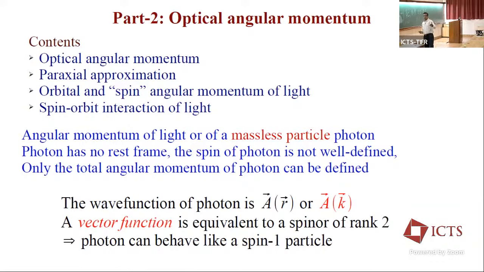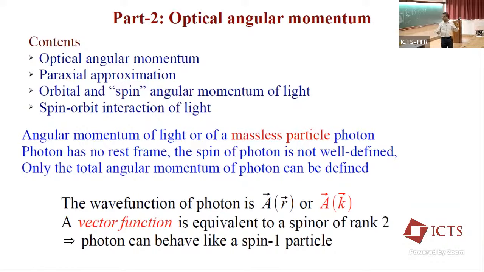Or if you go to reciprocal space, k space, then you can define A(k) as the wave function. So a vector function is equivalent to a spinor of rank 2. Spin half is a spinor of rank 1. Rank means how many indices you need to define your spin wave functions. In the case of a spin half particle, you need only one index.